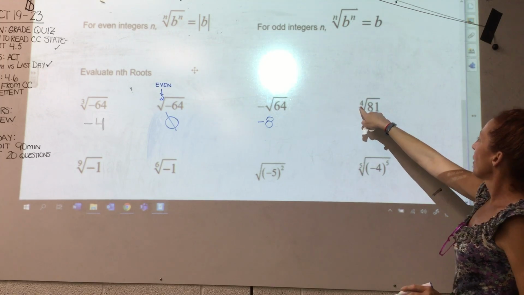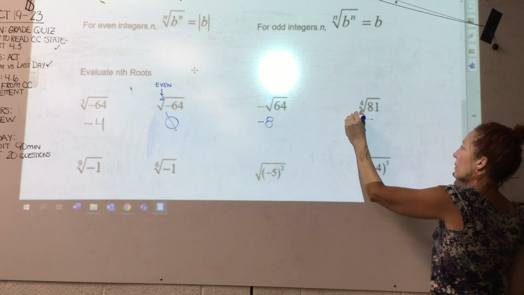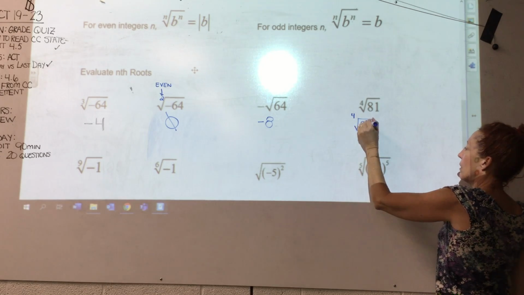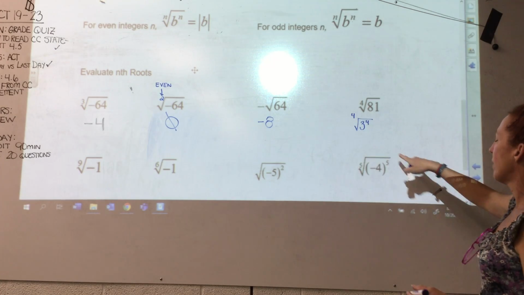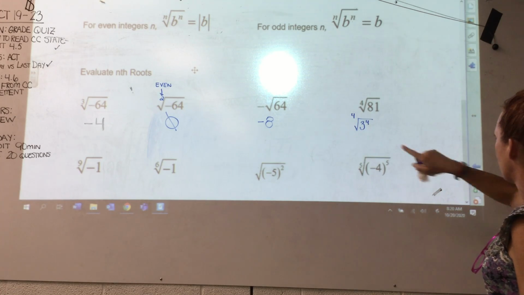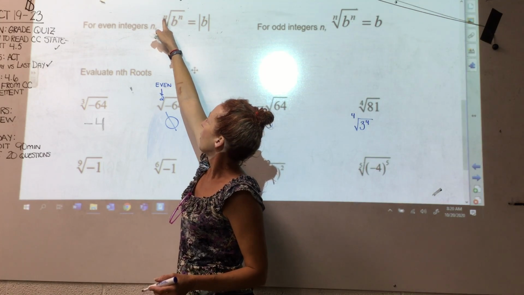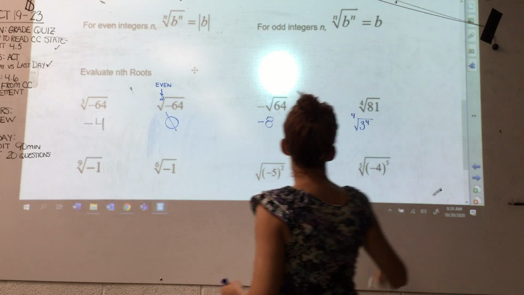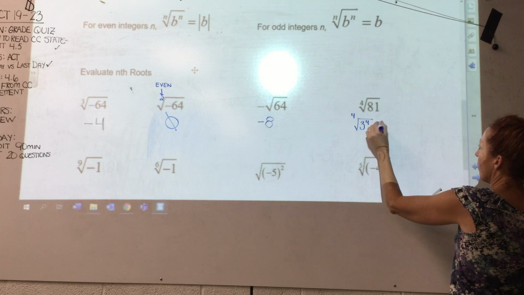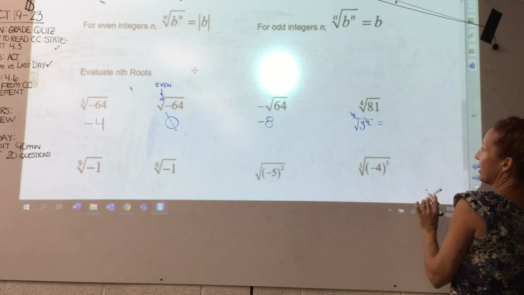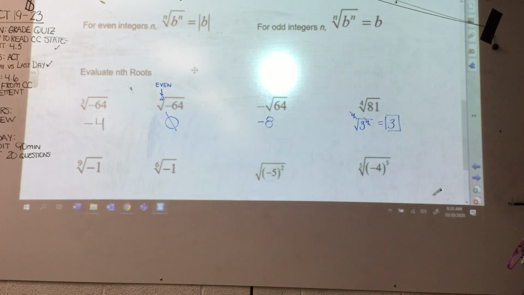Here, the 4th root of 81, well, 3 to the 4th power is 81, and so I could rewrite that, but I allow you to use technology in this course, but this then at least puts it in this form, where those two pieces match. So the 4th root of 3 to the 4th power, and so the idea here is that those just cancel each other out, and you get the number 3.